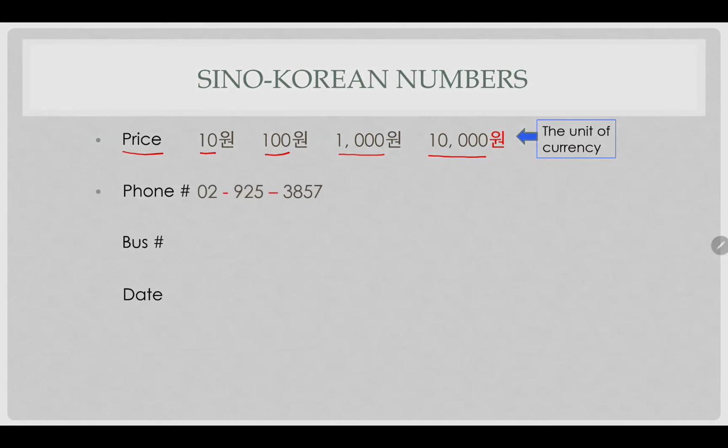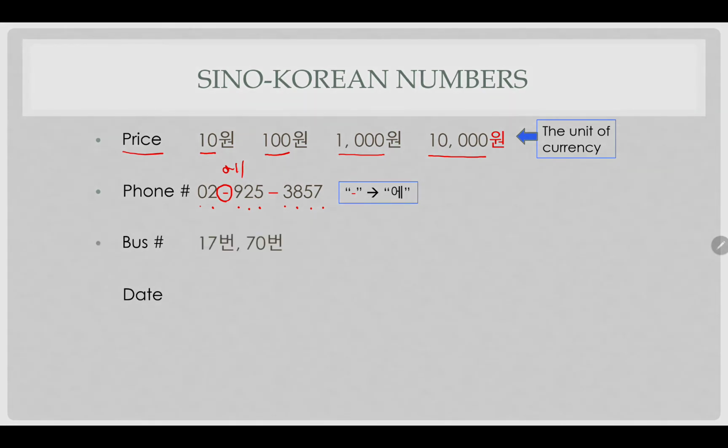For phone numbers, you would use Sino-Korean: 02-925-3857. For older generations, you say 에 for these dashes. So you can actually hear people saying 02에 925에 3857. But some younger generations don't say that out loud.